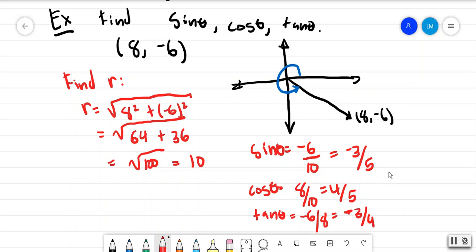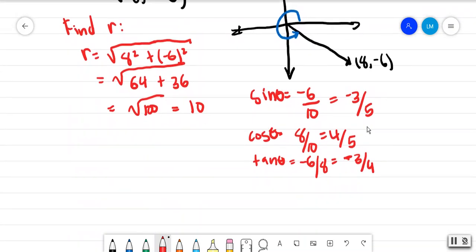So this gave us exactly what we needed. Now, interestingly enough, you can find the remaining ones: cosecant is negative 5/3, secant is 5/4, and tangent theta is negative 3/4.